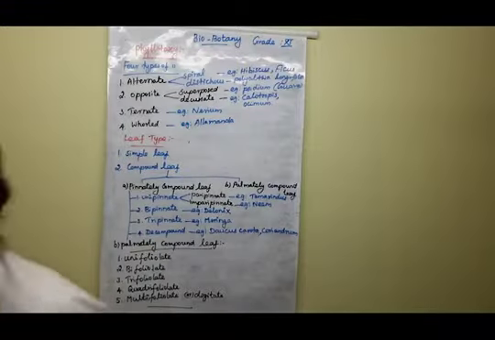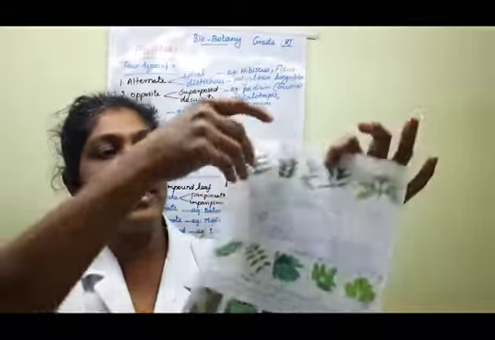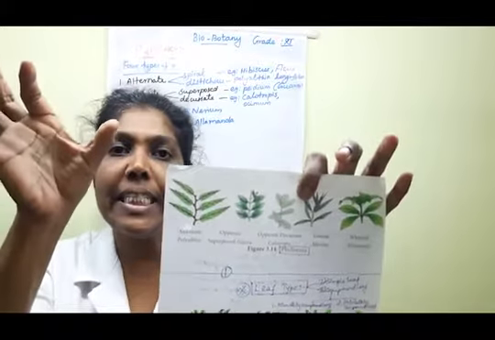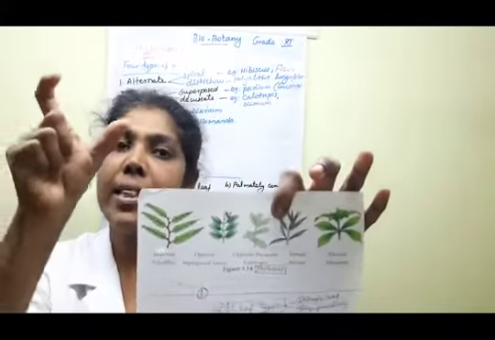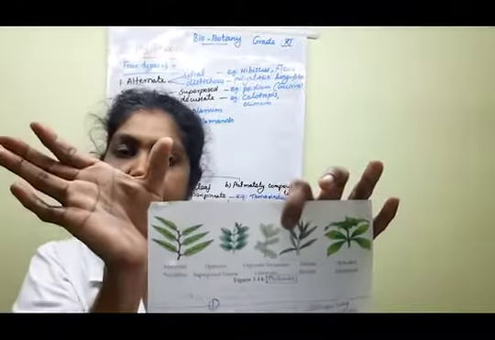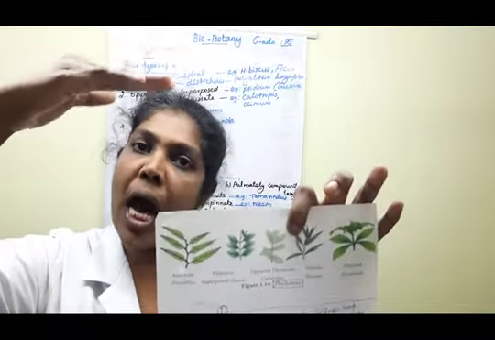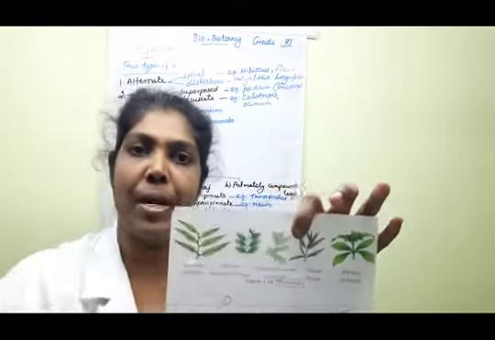Next is opposite decussate. A good example of the species is Calotropis. Look at this diagram, children. This is the picture. Here is one pair of leaves. Already I said each nodal region bears two leaves. That pair is present in one direction. Then the next pair, below or above, is present at a right angle to that particular one.